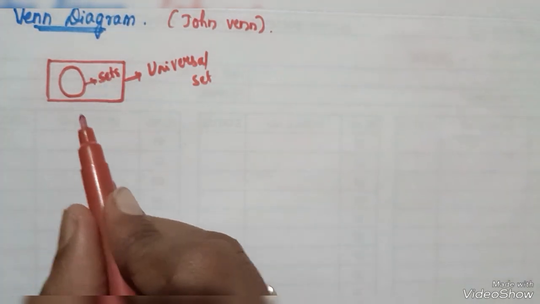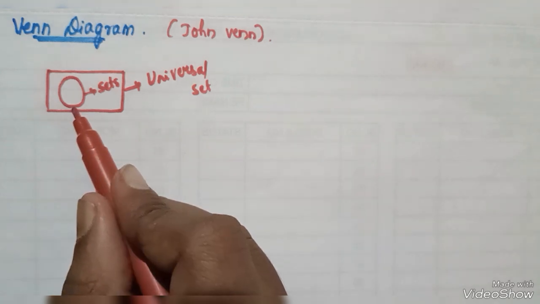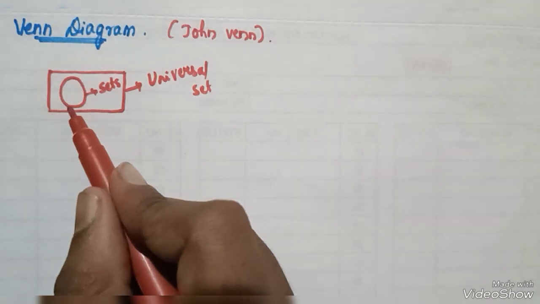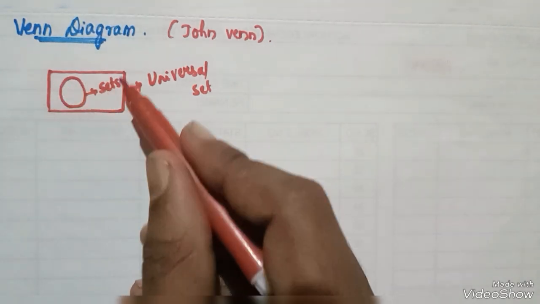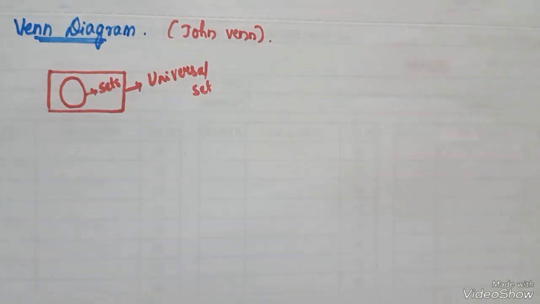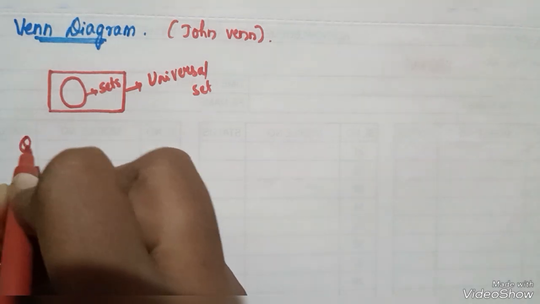For example, if I take only one set, it is represented by one curve inside the universal set. Now we discuss the operations on sets.